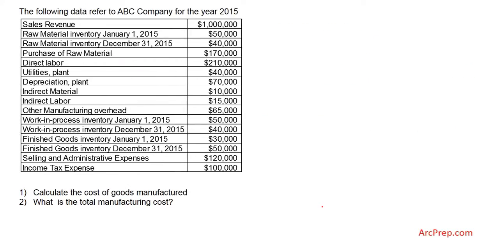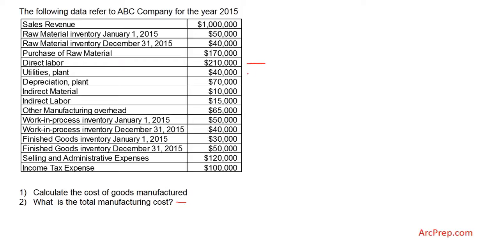Now, let's take a look at cost of goods manufactured and total manufacturing cost. For that, I need to know direct materials used. For total manufacturing cost, the materials used, I calculated, was 180. I need to know direct labor. It's given here.